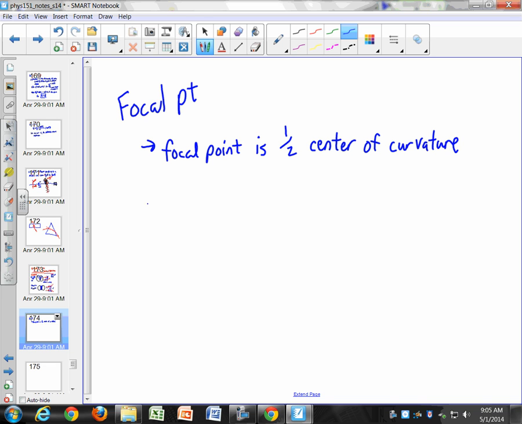And then second, the focal point is the point where parallel light rays focus.